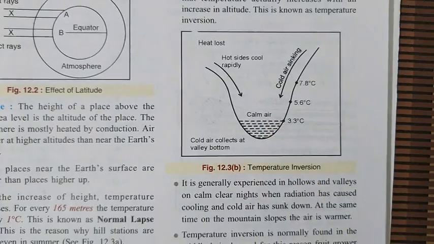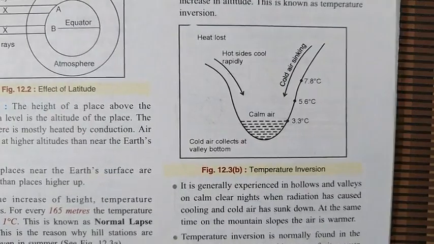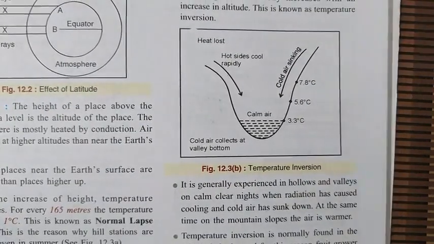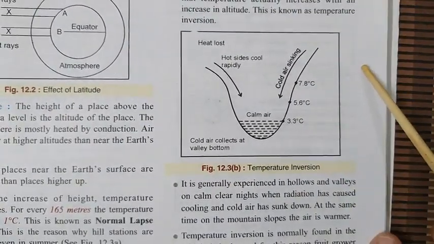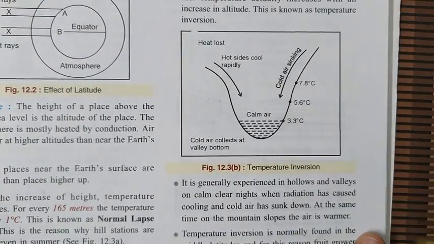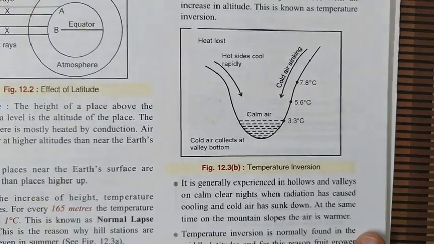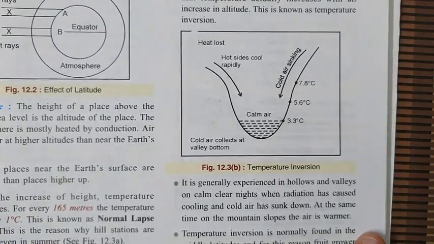You can experience this in some hill stations, especially in valleys like Dehradun. When you visit there, you will find the morning very cold and the day very hot, but as the night progresses the temperature keeps on decreasing and it becomes very cold after midnight, and the morning time is very cold.